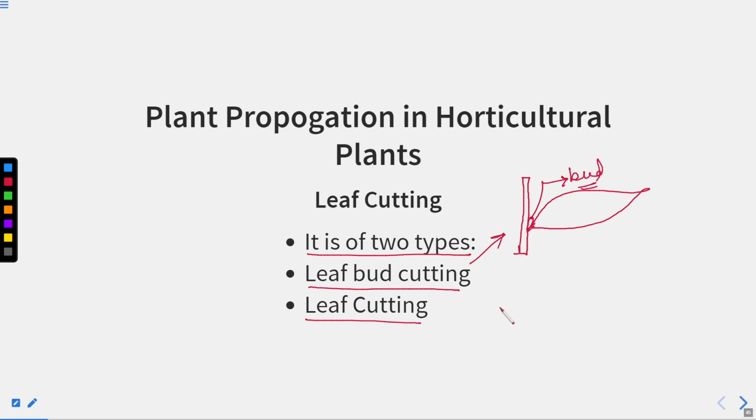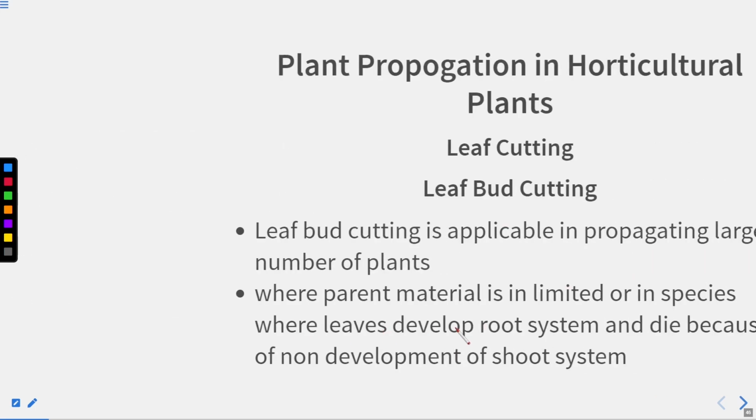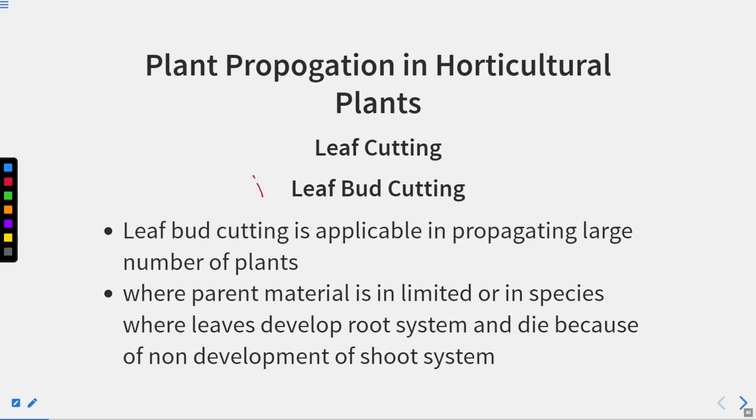In leaf cutting, suppose this is the leaf and we cut it into three parts: the upper part, the middle part, and the lower part. From each of these the roots may come out. So this is the case of leaf cutting. Let us study leaf bud cutting in detail first.